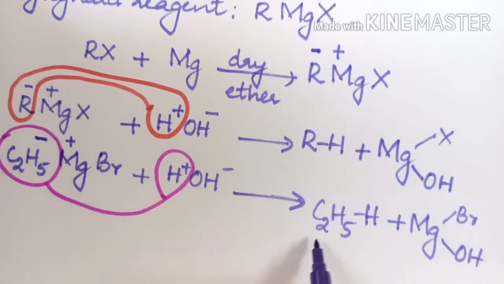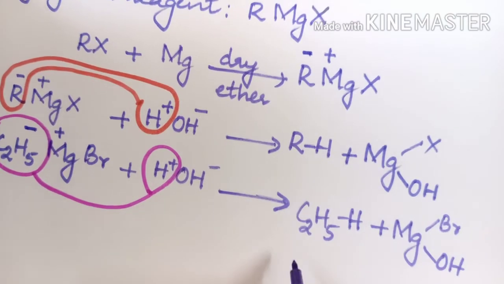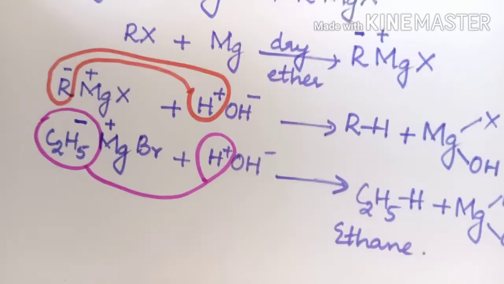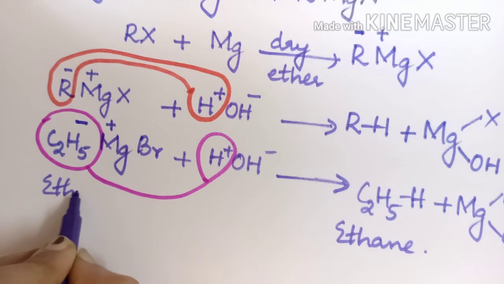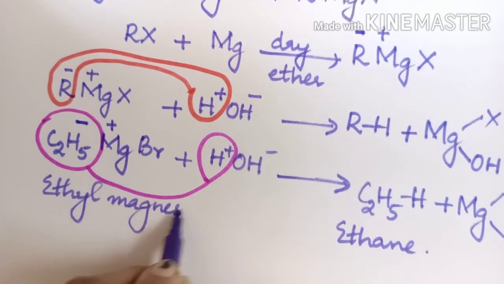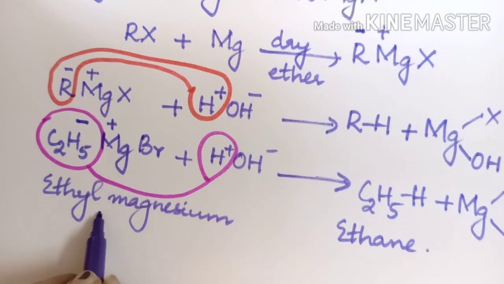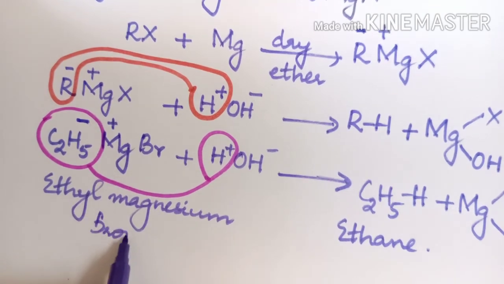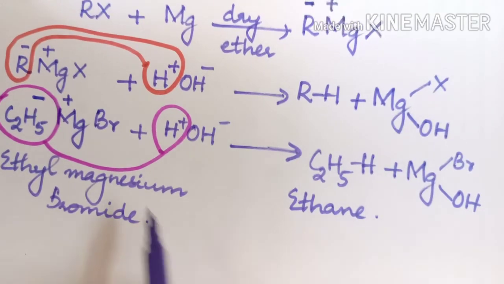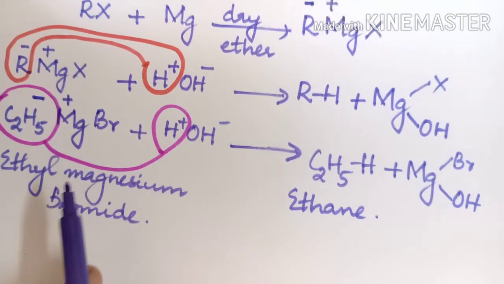So C2H5H is nothing but ethane. So starting from ethyl magnesium bromide, we are able to prepare ethane by hydrolysis of Grignard reagent.